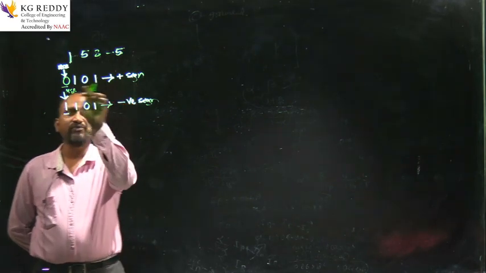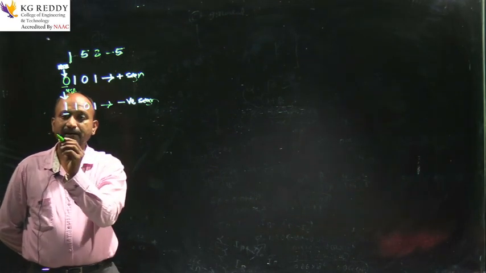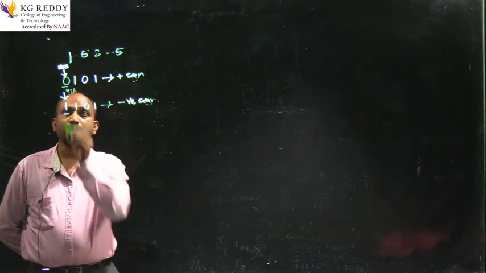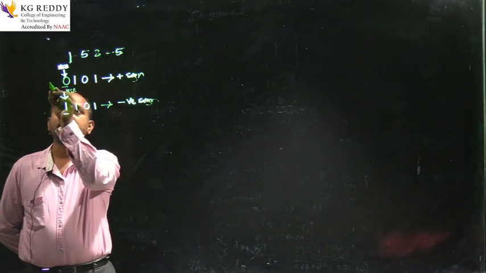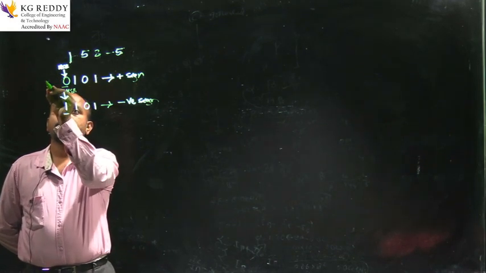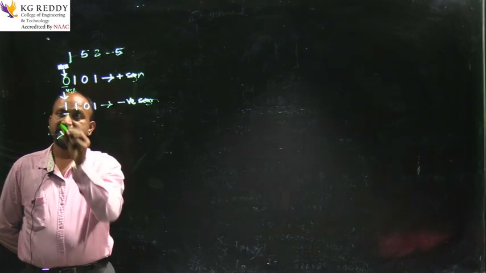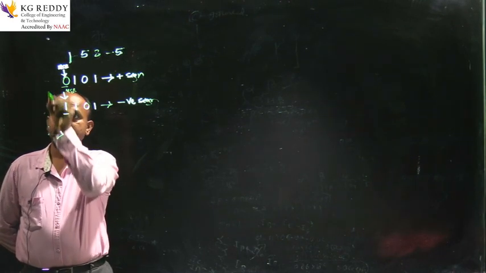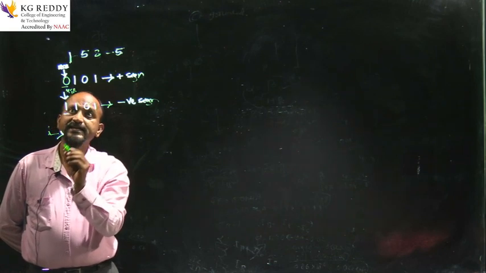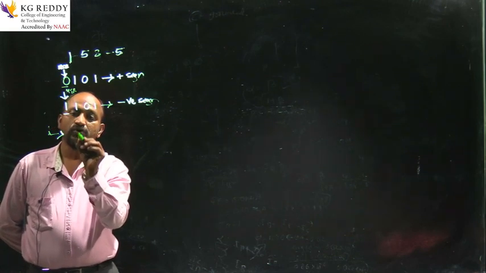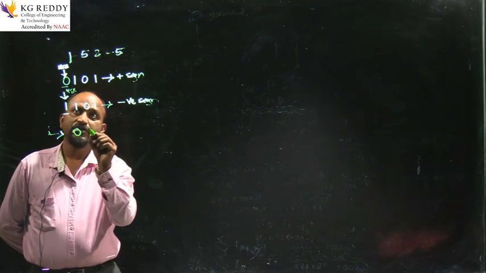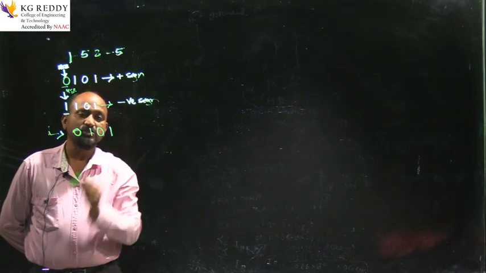So we have plus 5, and the complement of plus 5 is negative 5. Let us see here: 0, 1, 0, 1 is positive 5.